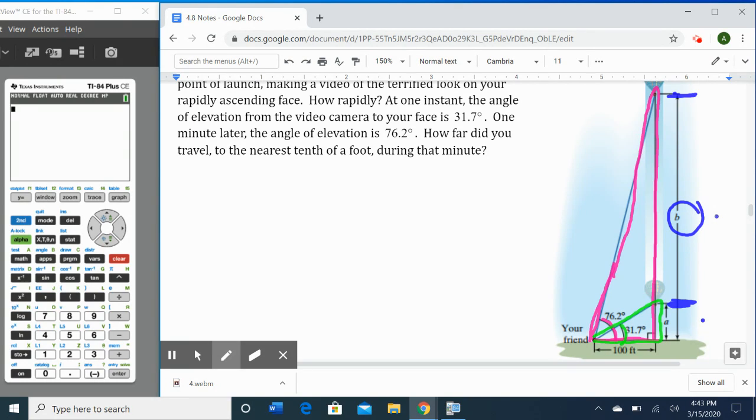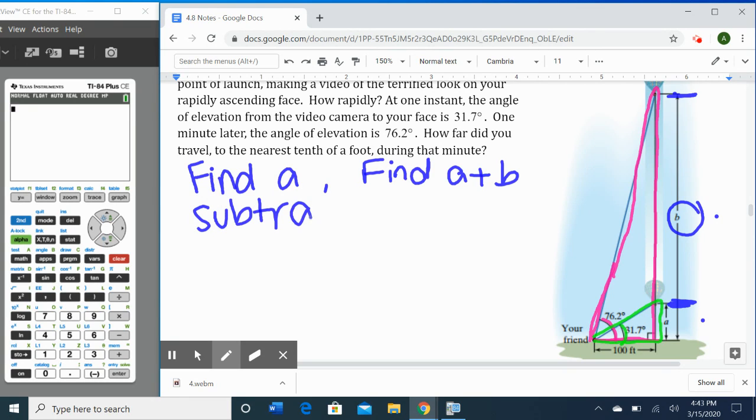So here's what I'm going to do. I'm going to find A, and then I'm going to find A plus B. And then I'm going to subtract A, because that's going to give me the leftover for part B. So I'm going to first find side A. Now let's see here.